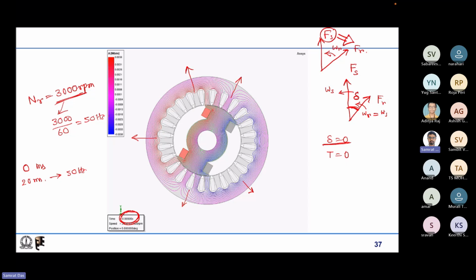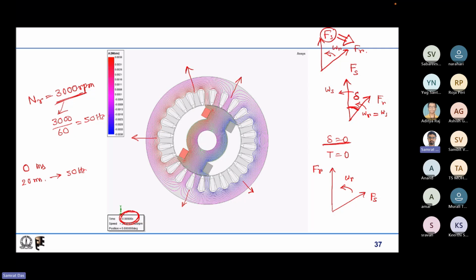But if we have two magnetic fields with the rotor still rotating anti-clockwise, and the rotor magnetic field leads the stator magnetic field, then power transfer is happening in the opposite direction. So the basic idea is, whichever magnetic field leads, power transfer happens from that to the lagging one.